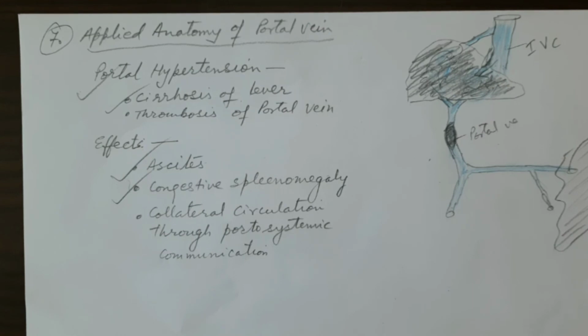But when the pressure increases within the portal vein, the blood will start flowing through this systemic anastomosis towards the inferior vena cava and the superior vena cava. But this anastomosis is not enough to cure your ascites or splenomegaly.